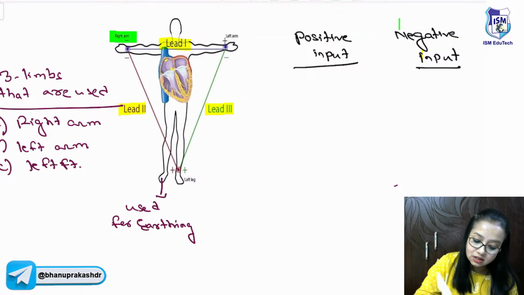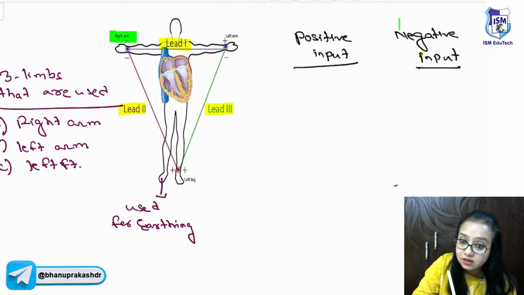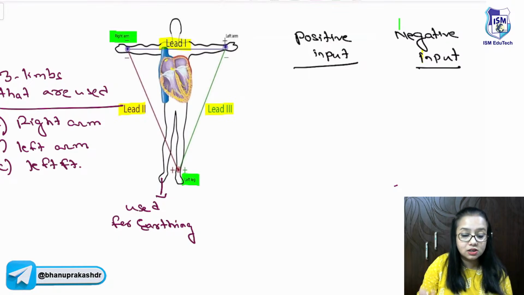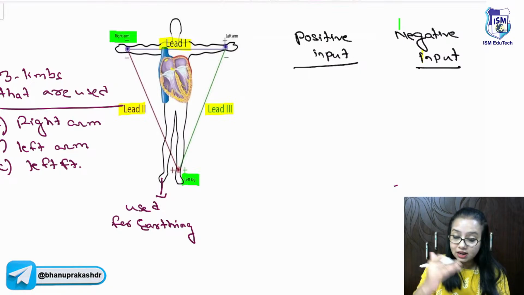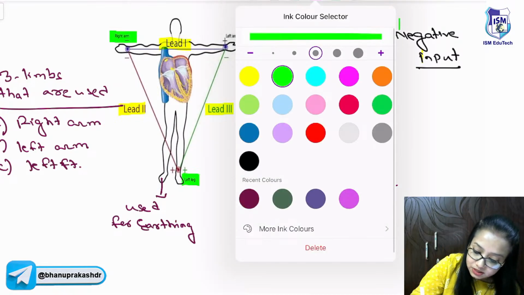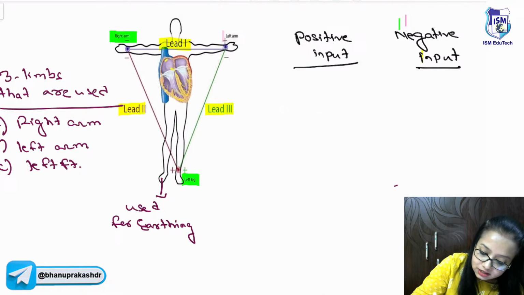I repeat, in the right arm, it is only the negative electrode that is connected. Similarly, in the left leg only there is positive input, means only the positive lead is connected. So if we remember that the right arm has only the negative input and the left leg has only the positive input, then depending on the lead, the input to the left arm becomes positive or negative. Okay.